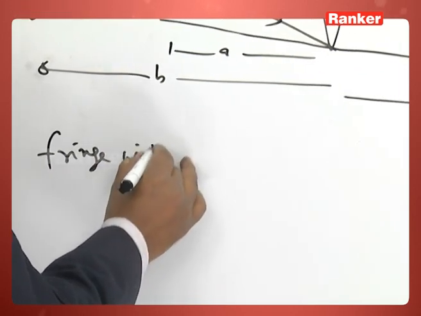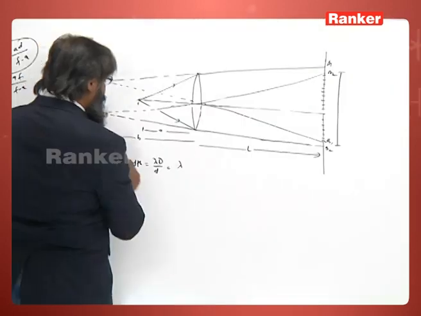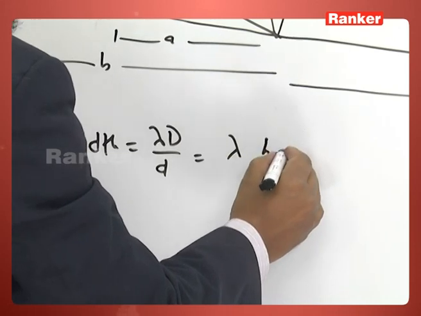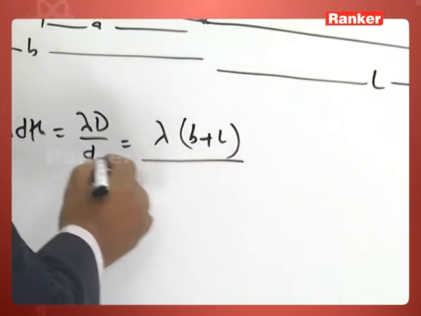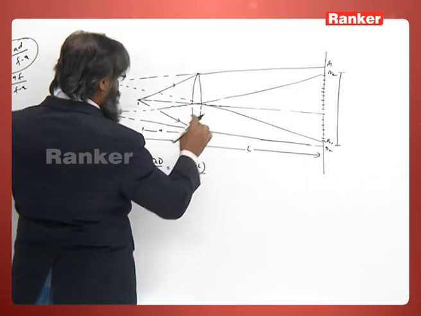Fringe width first. Fringe width is given by lambda D by d, that is lambda, here D means total distance between this, that is b plus L, by d. Here d means S1S2, that is my d.